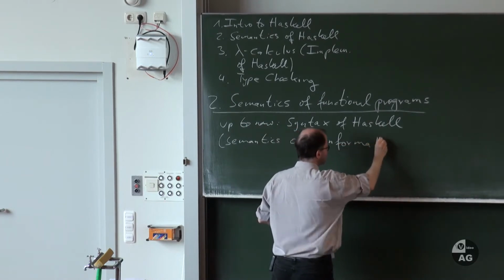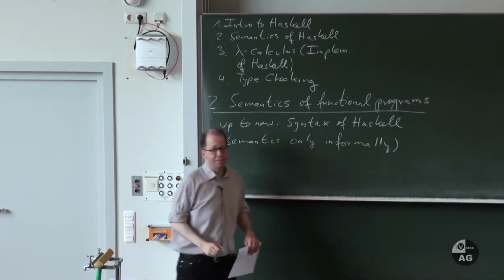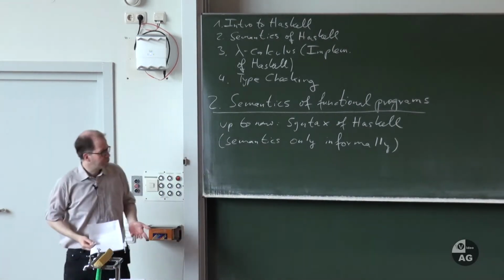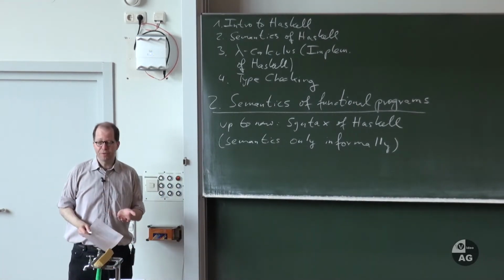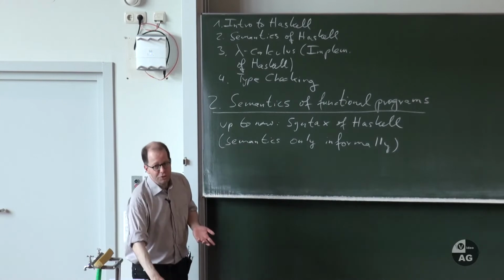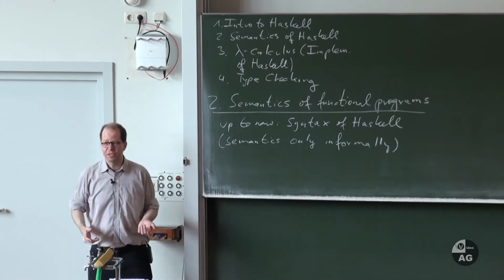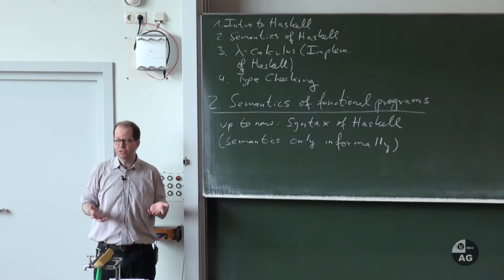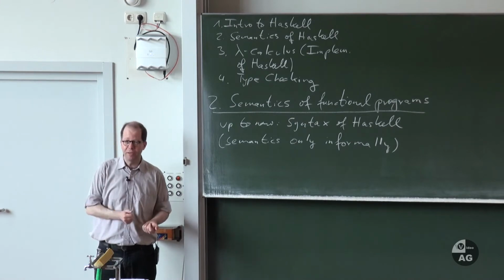And why is it a good idea to define the semantics in a formal, rigorous way? Well, the reason is that if someone wants to implement a compiler or interpreter, then he or she has to know what the language constructs really mean.